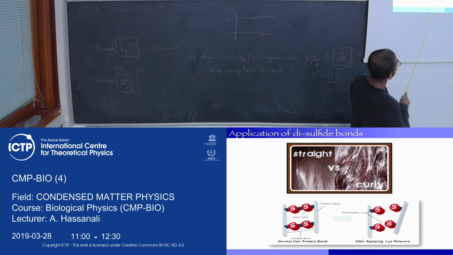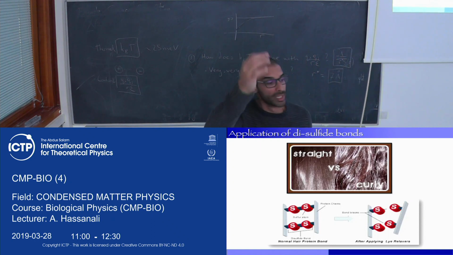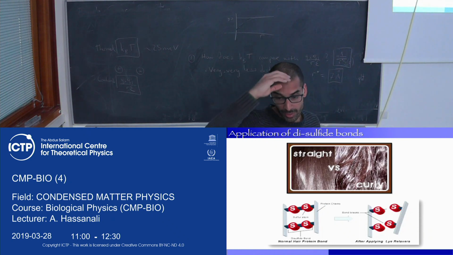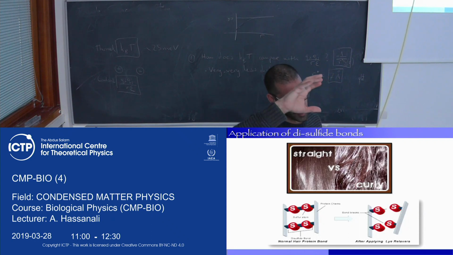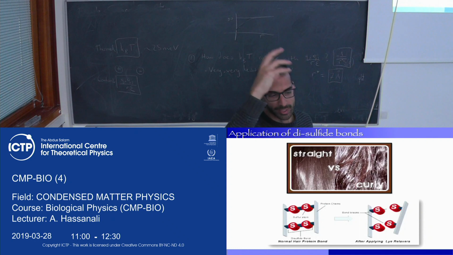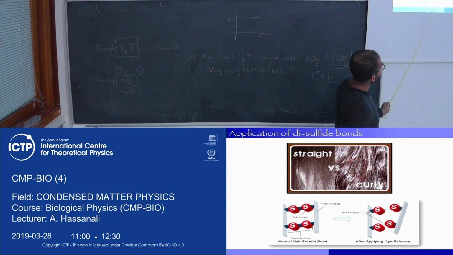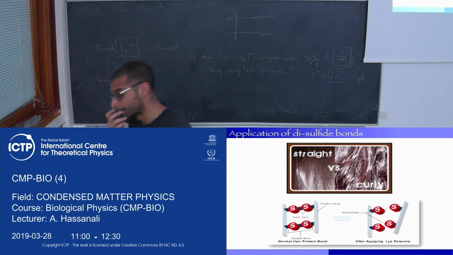Hair is essentially made up of fibers, and those fibers are proteins. Almost everything in biological functions happening in you and the surroundings comes from proteins and building blocks. And what makes hair straight versus curly is these sulfur-sulfur bonds. These are known as disulfide bonds.